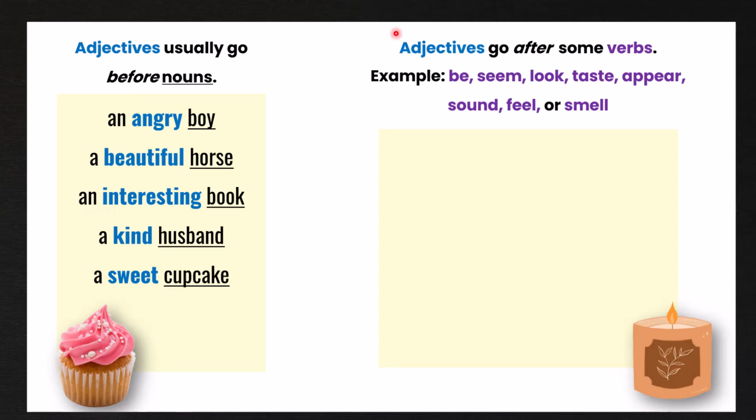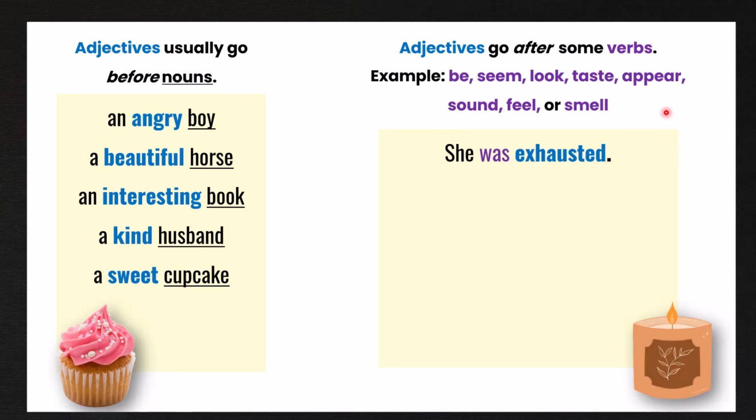Now, adjectives go after some verbs. So usually we use adverbs after verbs. However, there are some verbs where we can use adjectives after them. For example, the verb to be, seem, or any of the sensing verbs: look, taste, appear, sound, feel, or smell.